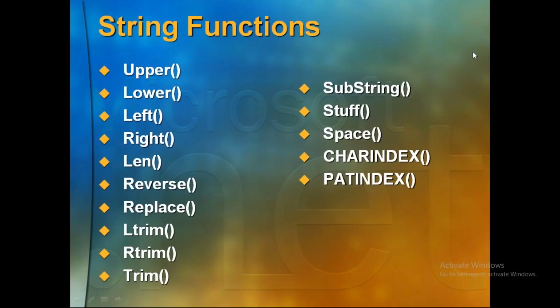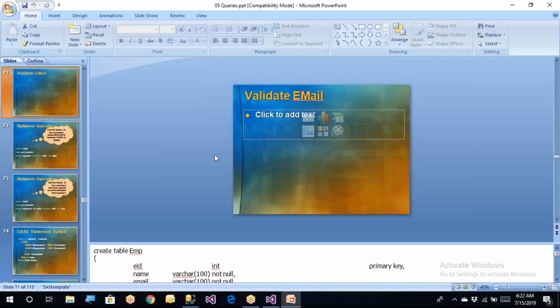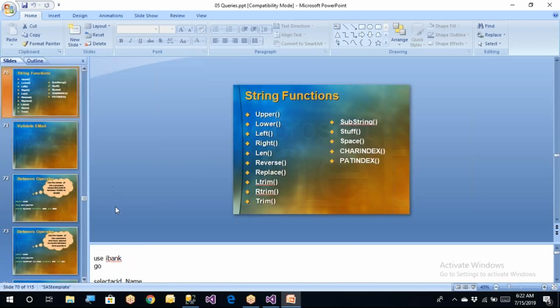Let us understand. So upper function is if you have some data in lower case, if you wanted to make that uppercase, then normally we use this upper function to make it upper. Okay. If you wanted to make it lower, then you should be able to go and make it lower. So these are very straightforward and simple functions.